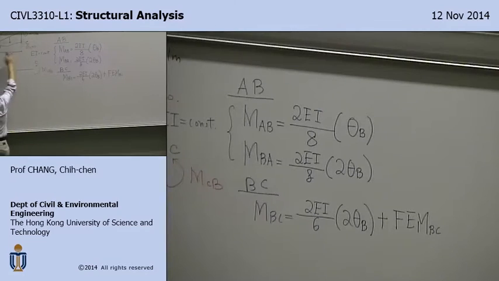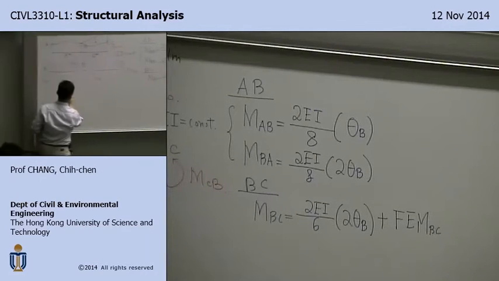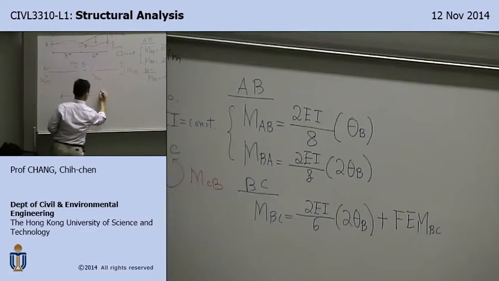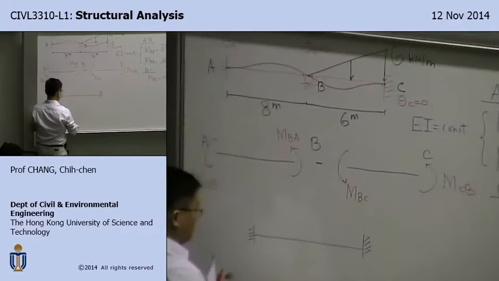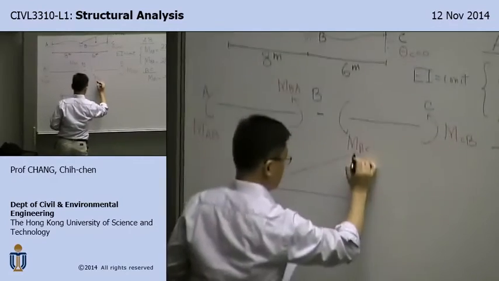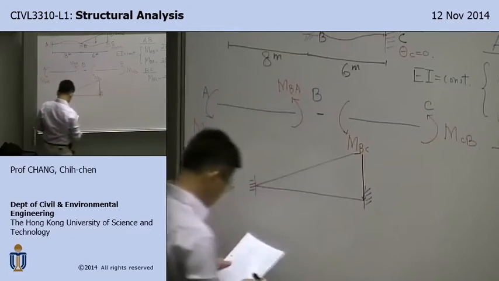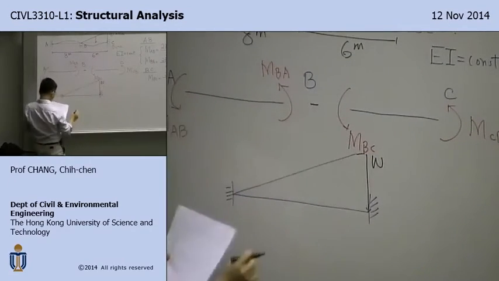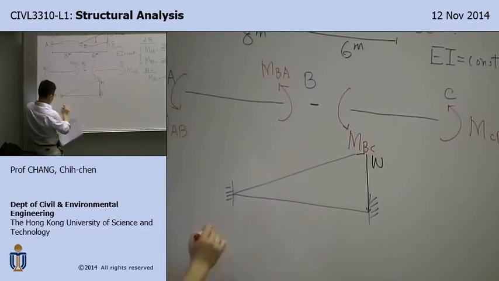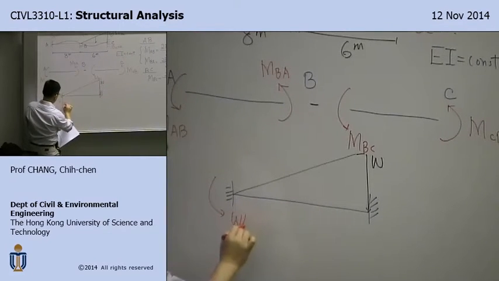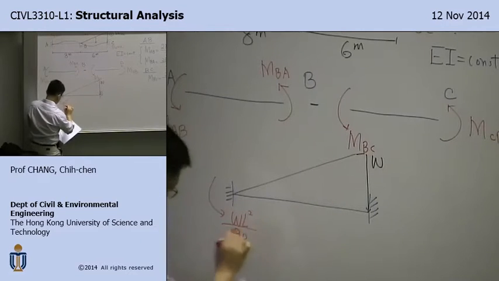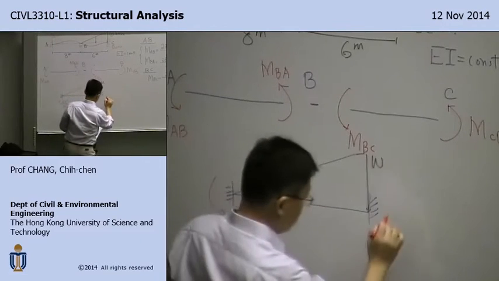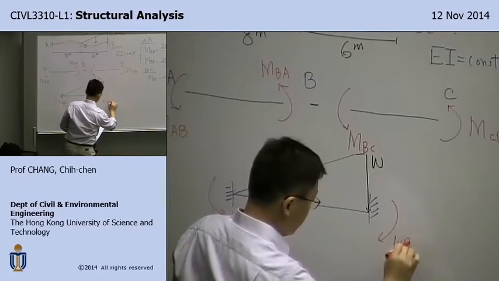So what is a fixed end moment? We go to the textbook and look this up. If this is W, then the textbook tells you that this is WL squared over 30, and this is WL squared over 20.